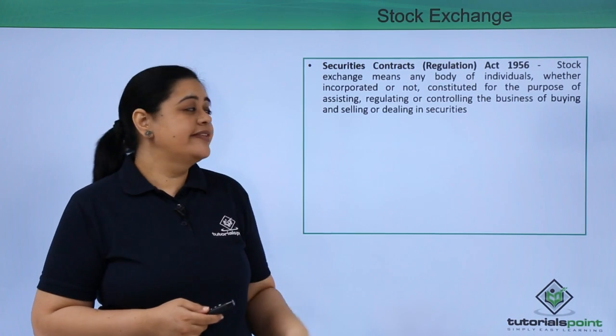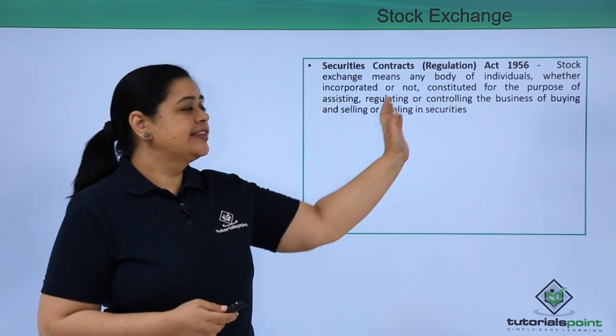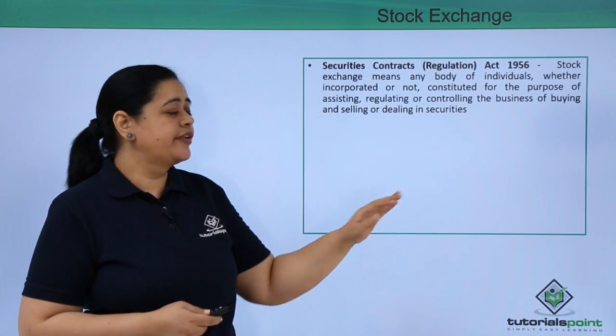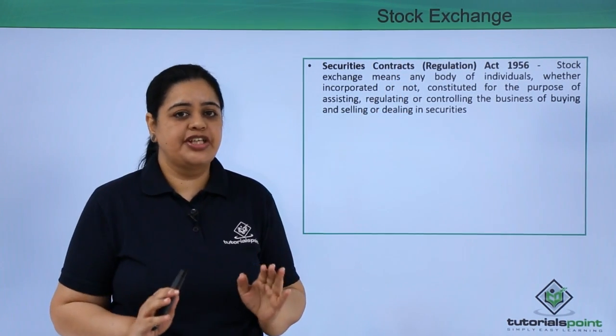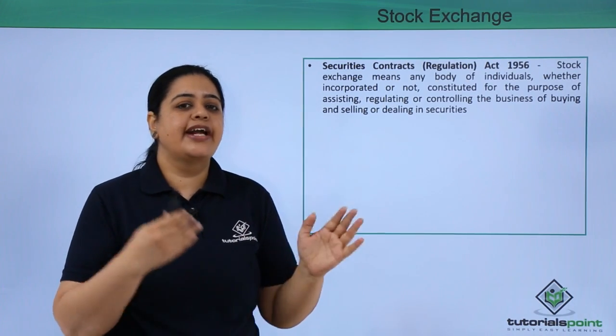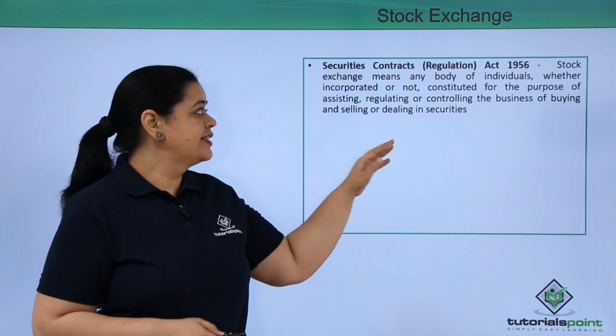Hence it became necessary that we had the Securities Contracts Act, wherein we went in for a proper stock exchange where people can come and freely trade. So that's the definition which has been given to us under this act.